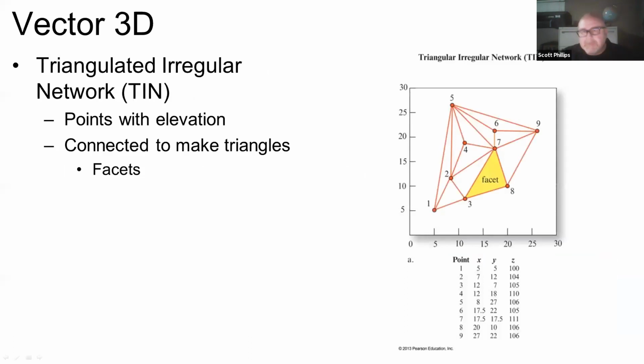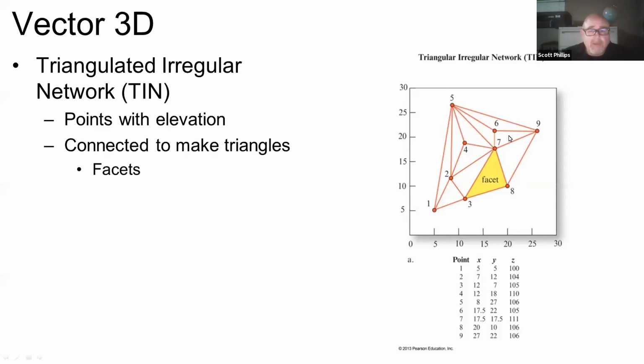But it needs to be some sort of continuous value. Okay, so just some nuts and bolts, how does a GIS store three-dimensional information? One way that you can is through vector data. That vector actually has a structure called a TIN, or triangulated irregular network, where these are point values. The points have a Z value or elevation associated with them.